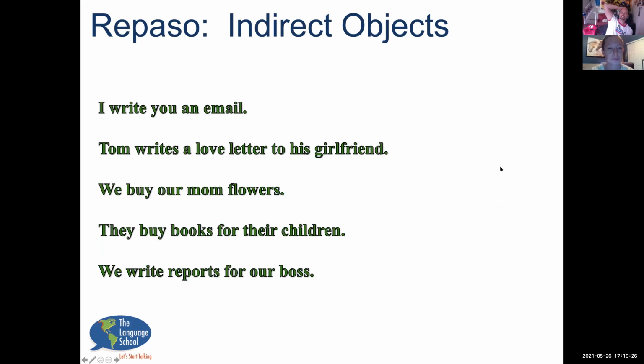So how would you say these in Spanish, Carly? I write you an email. Yo te escribo un correo electrónico. Perfecto. Tom writes a love letter to his girlfriend.